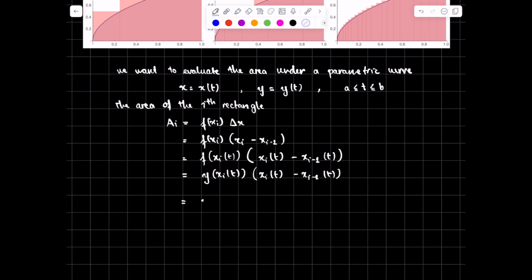So this becomes y of x sub i of t times x sub i of t minus x sub i minus 1 of t divided by t sub i minus t sub i minus 1. So you multiply and divide it by the same term. Again, we want to see t involved in the calculations.